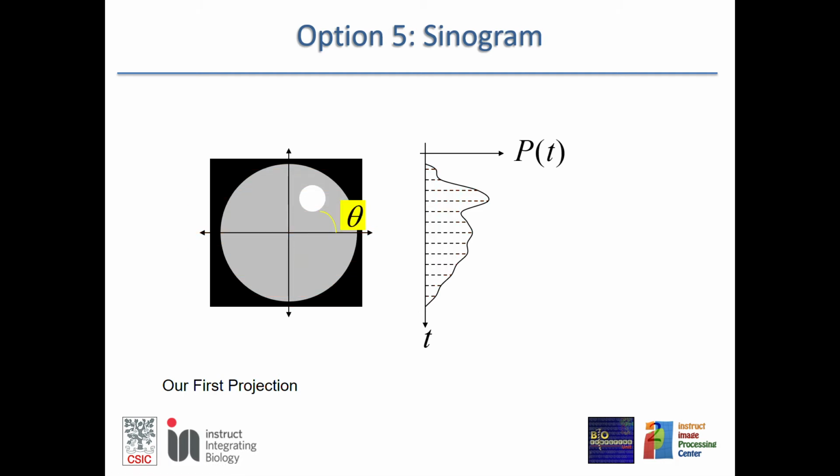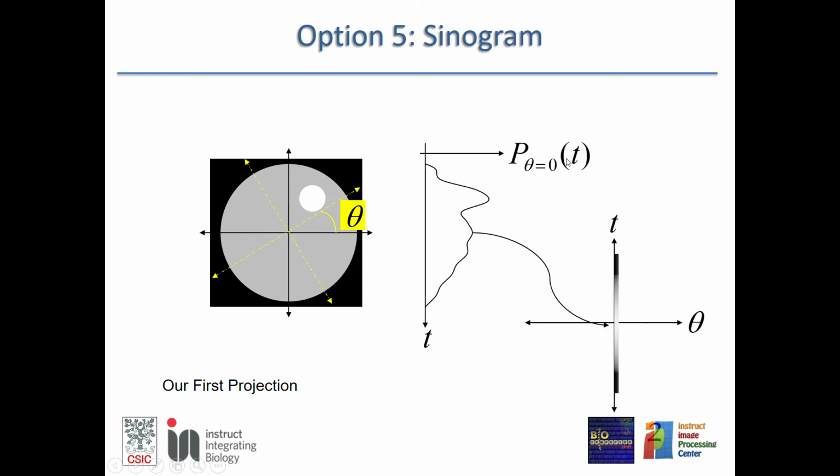Okay, but now we can turn our image and project it again. If we call the rotation angle theta, the projection we just obtained is the projection when theta is equal to 0.